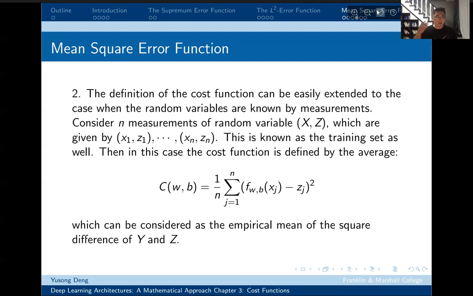Of course, the book gives you a third advantage of why MSE is widely used, but that one is related to the information generated by the output and the target function. And I think it is better to leave this part to chapter 6, when we closely examine what information is contained and carried by the neural network and how much information is lost through that process.